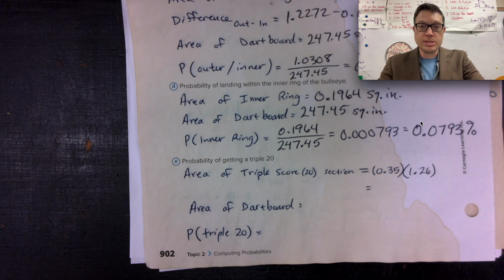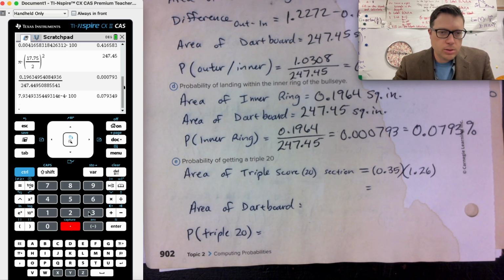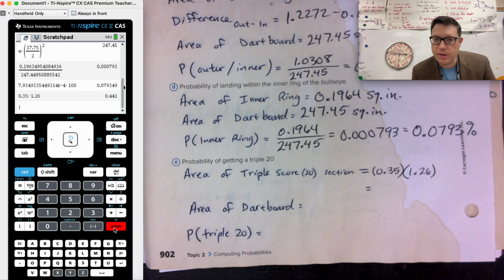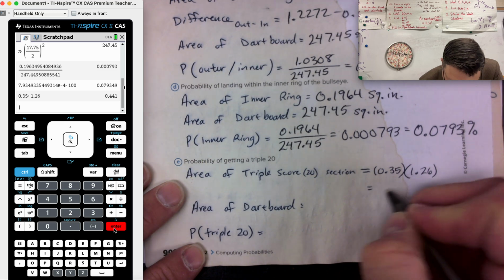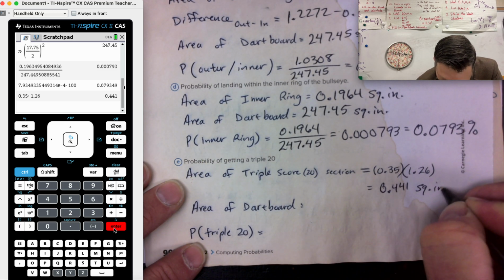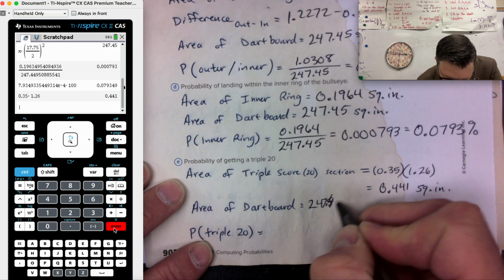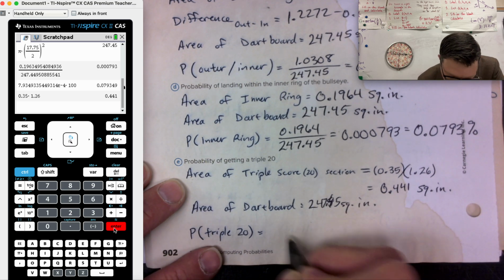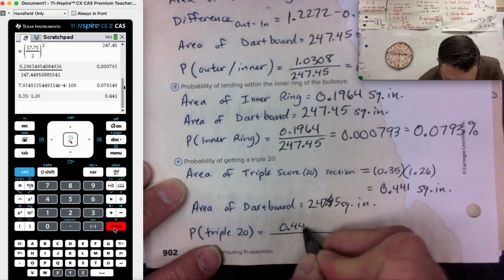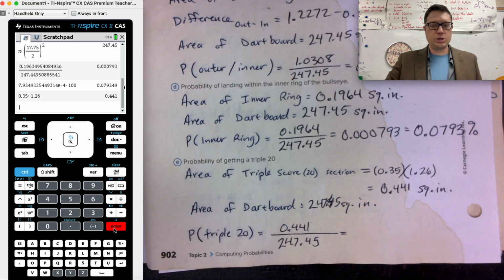Okay, so I'm doing this. I'm going to do the math now. Not a lot of talking out loud. We have 0.35 times 1.26. So that's the area of the triple score 20 section, 0.441 square inches. The area of the dartboard is still 247.45 square inches. So if I divide 0.441 by 247.45, I'm going to get the actual decimal amount.